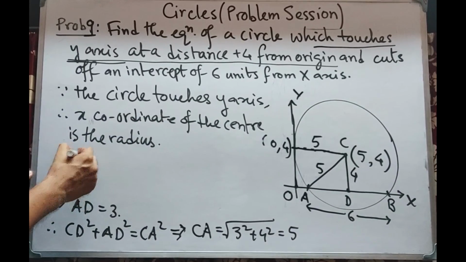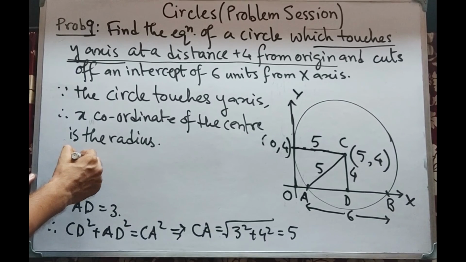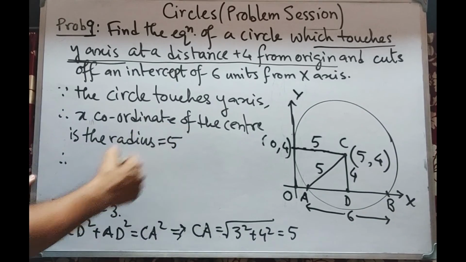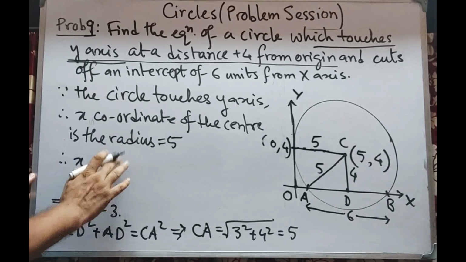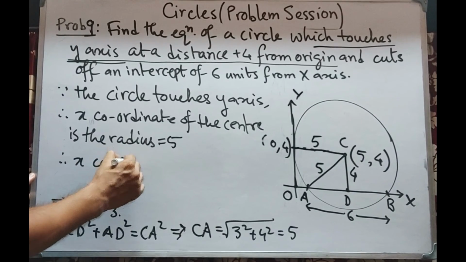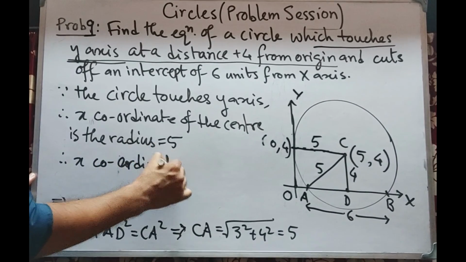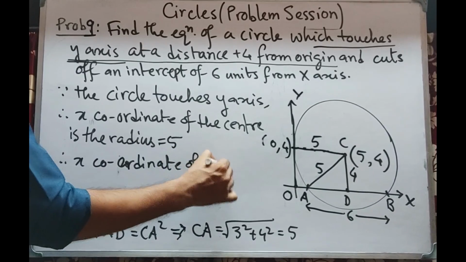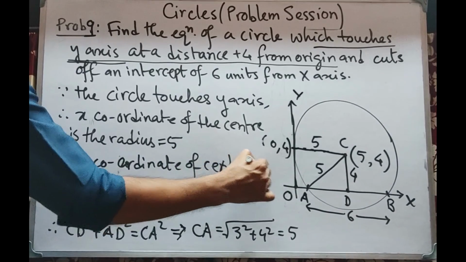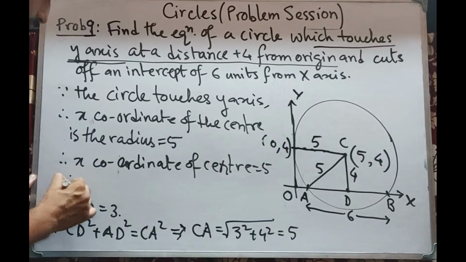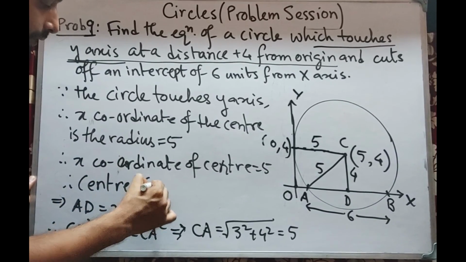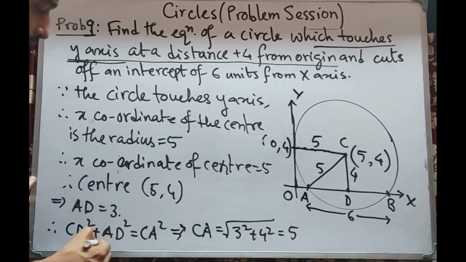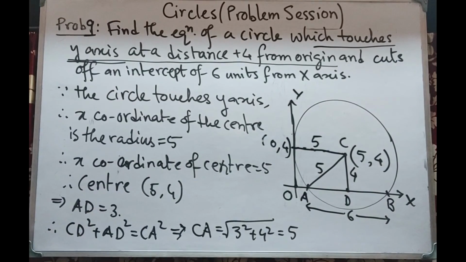Therefore that is equal to 5, we can write here. Therefore the x coordinate of the center is equal to 5. Therefore the center can be taken as (5, 4). The radius and center we have got, so we can easily write the equation now.